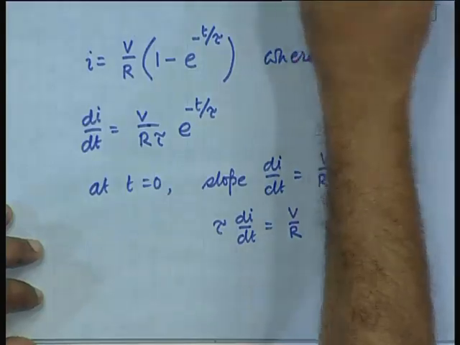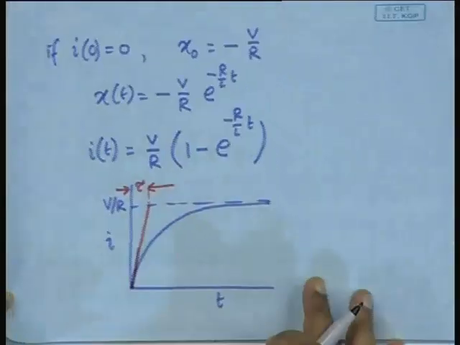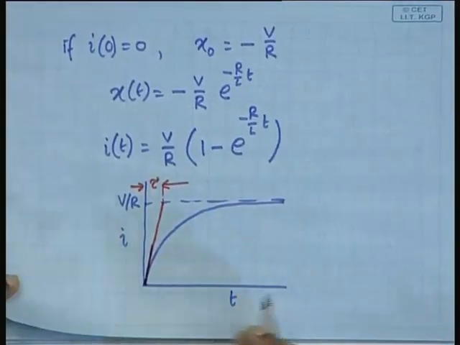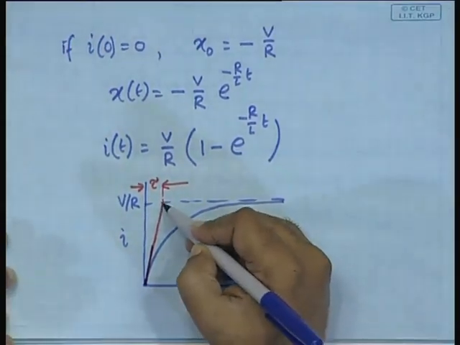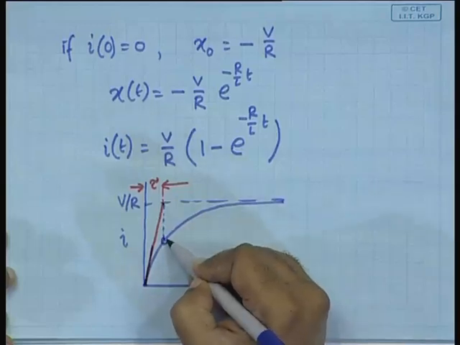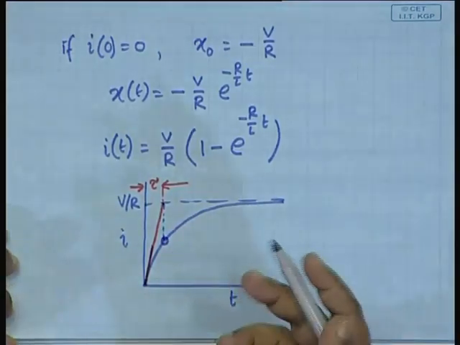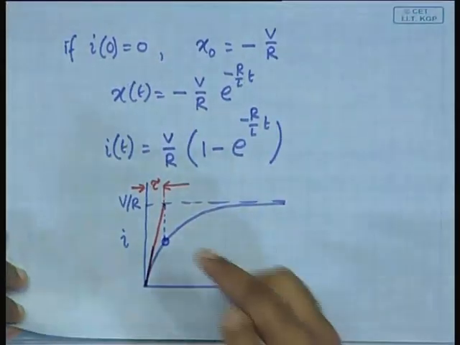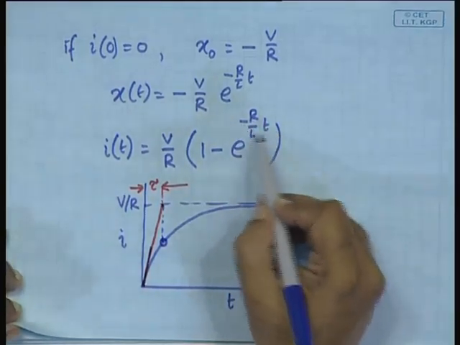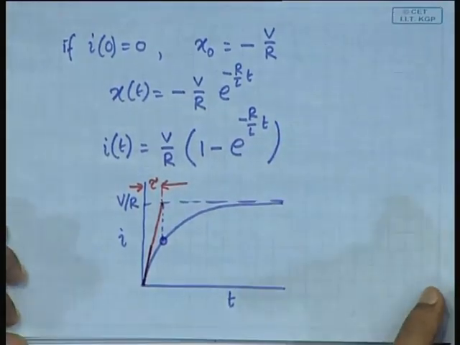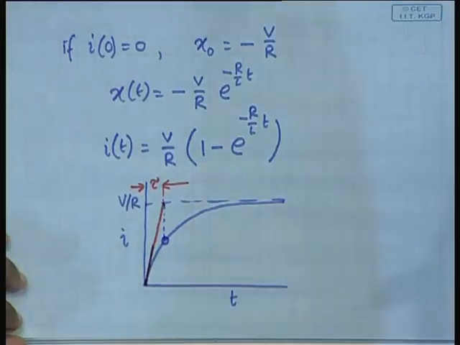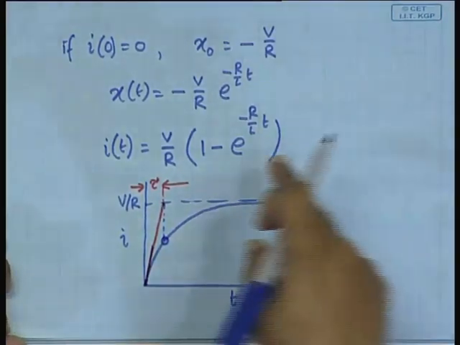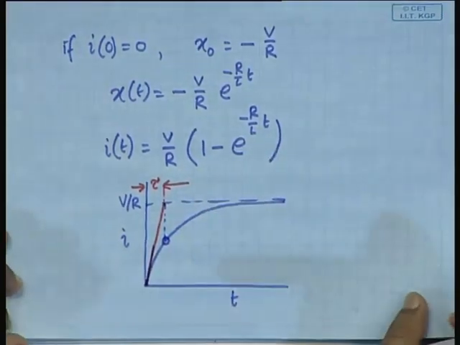There are some books in which it will be given in a slightly different way. They would say that okay, after a time tau, where does this reach? If you just substitute tau here, you will get, do that. I do not want you to say it, I want you to get it, just for the sake of recapitulation.